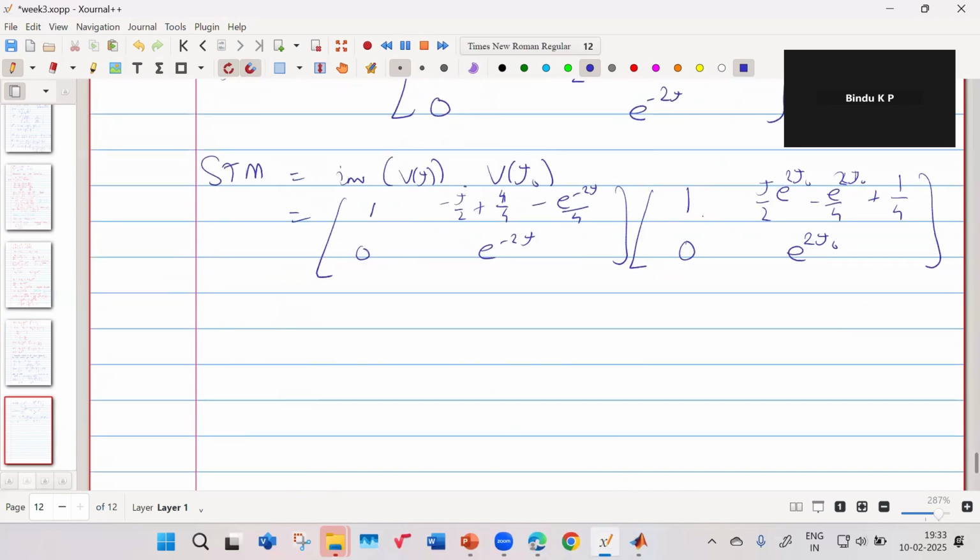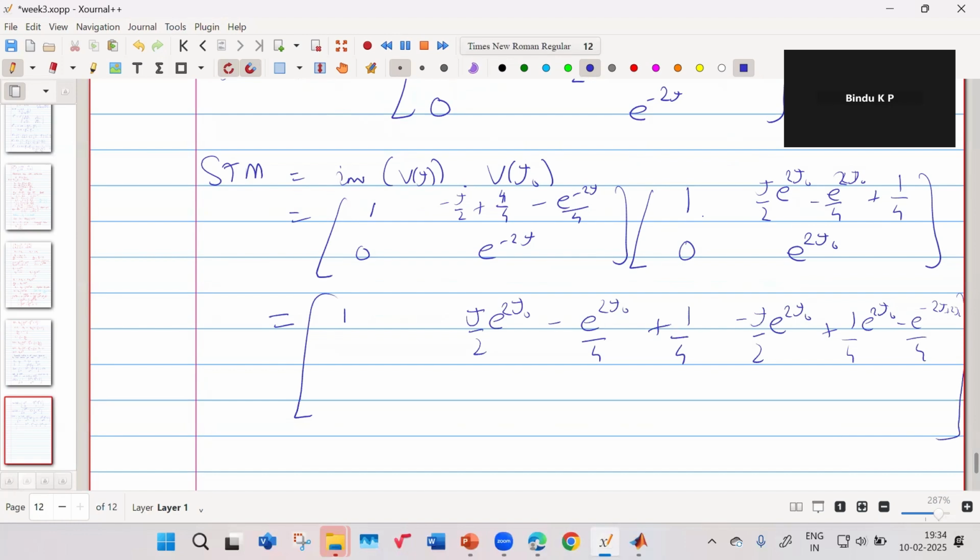If we multiply this, it is a very long thing. 1 into 0 is 0. Next, multiplying by 1, that is t by 2 e to power 2t0 minus e to power 2t0 by 4 plus 1 by 4, minus this. So this will be minus t by 2 e to power 2t0 plus 1 by 4 e to power 2t0 minus e to power minus 2t plus 2t0 upon 4.